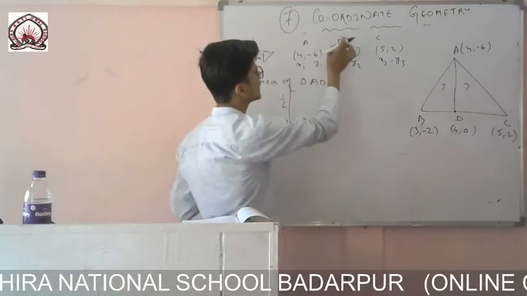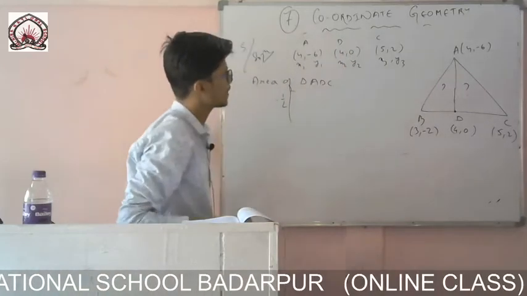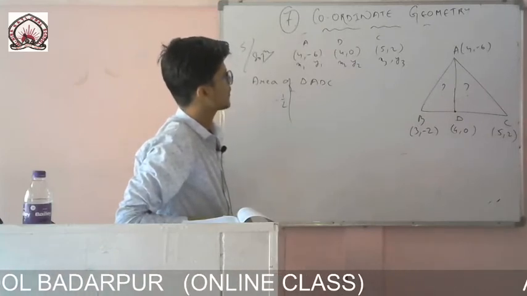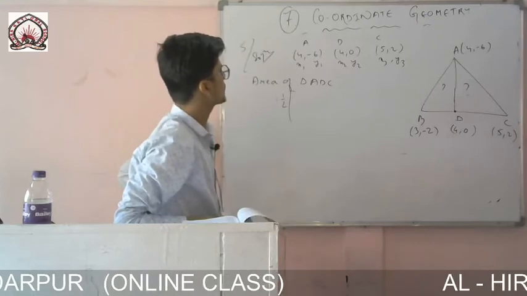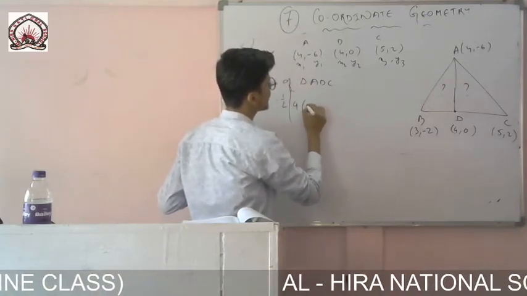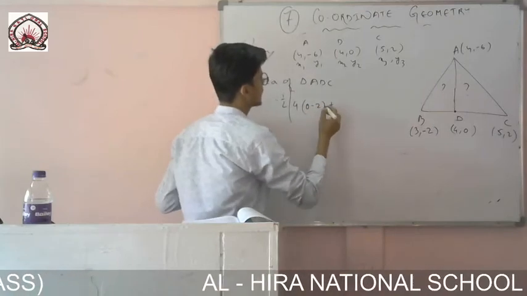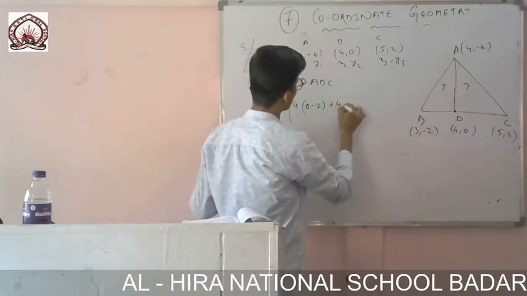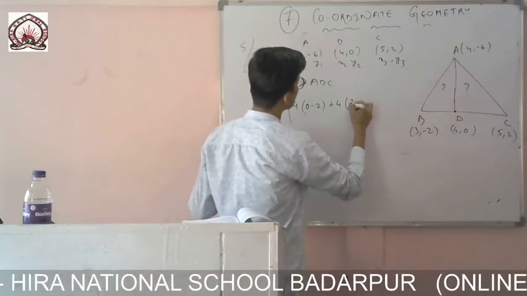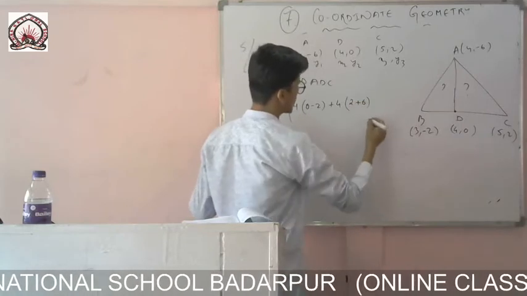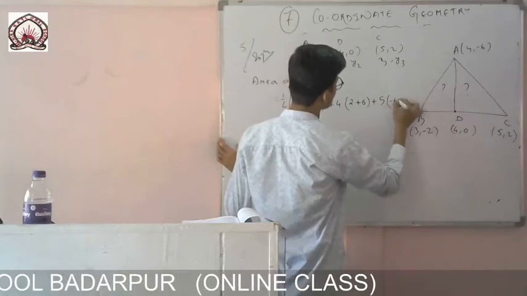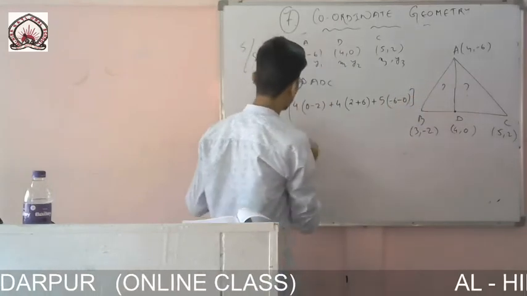So for ADC, A is 4 comma minus 6, D is 4 comma 0, and C is 5 comma 2. Now I can easily write x1, which is 4, times y2 minus y3, that is 0 minus 2, plus x2, which is 4, times y3 minus y1, that is 2 minus minus 6, meaning 2 plus 6, plus the last one, 5, times y1 minus y2, that is minus 6 minus 0.